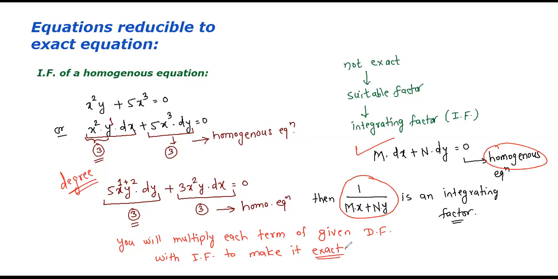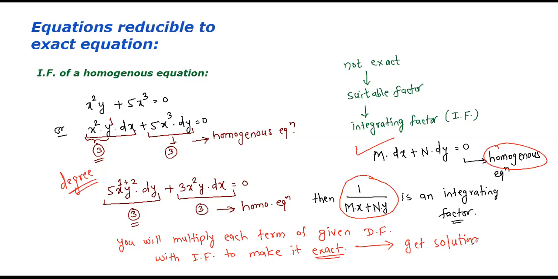And once you get an exact differential equation, in the last video we have seen how to find the solution for an exact differential equation, then get the solution. So this is the overall picture. If equations are not exact, you can reduce them to exact equations and then find their solution.